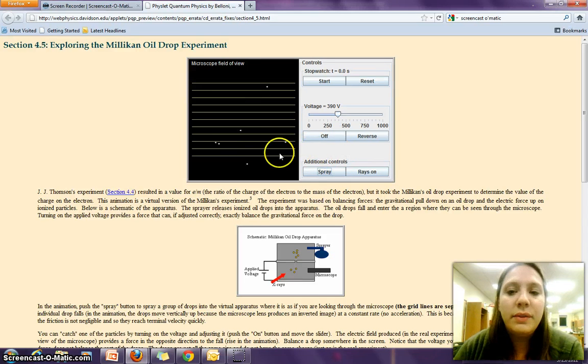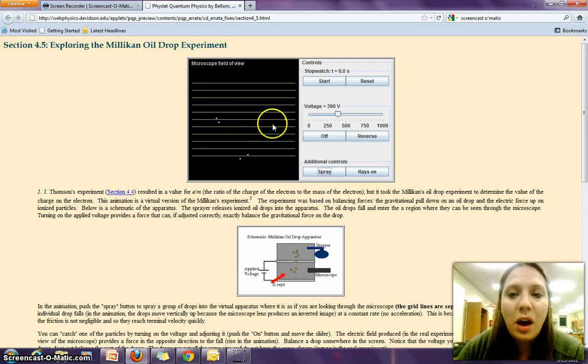So basically what we've done is with radiation, we've caused electrons to bounce off of this oil droplet, and as they've bounced off the oil droplet, we have then changed its charge. But we know that an electron is relatively so massless that it doesn't really affect the overall mass.